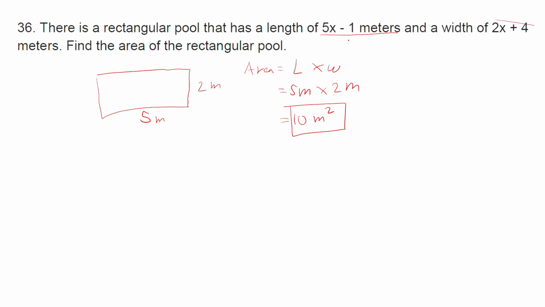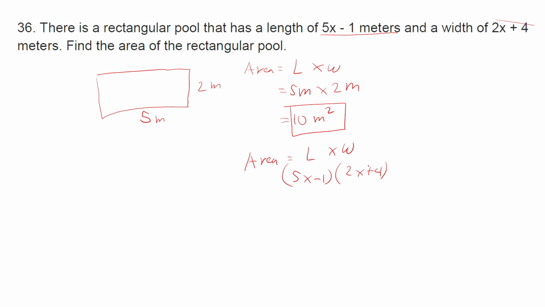So considering that we have here, what again is our formula for the area? Length times width. What's our length? That is 5x minus 1. What's our width? That is 2x plus 4. And what do we do here?